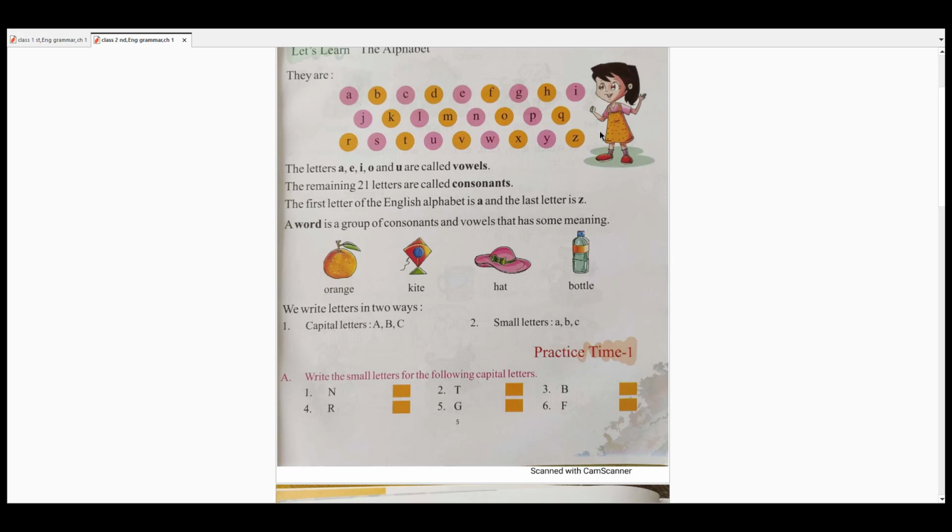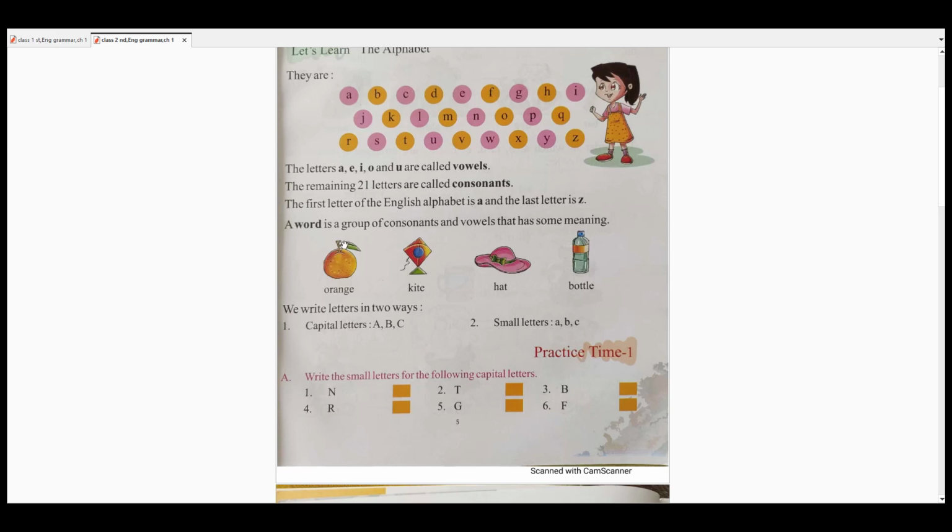So we make a group, take some vowels, take some consonants and make a word like orange. If you want to say or write orange, you need to select some letters from these 26 alphabets. The group you have selected from these consonants and vowels should have some meaning, it should not be meaningless.